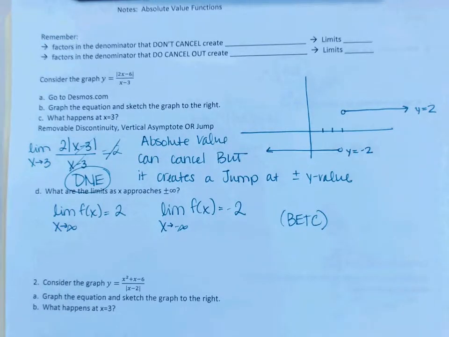So, what I want you to do is, you should still have homework 5 out. There was one question on the front we skipped, because it had an absolute value, and it was number 6. So, take a look at homework 5, number 6. Okay, I can put mine up here if I need to, but it's the limit as x is approaching what? Infinity and negative infinity on a function with an absolute value on it.